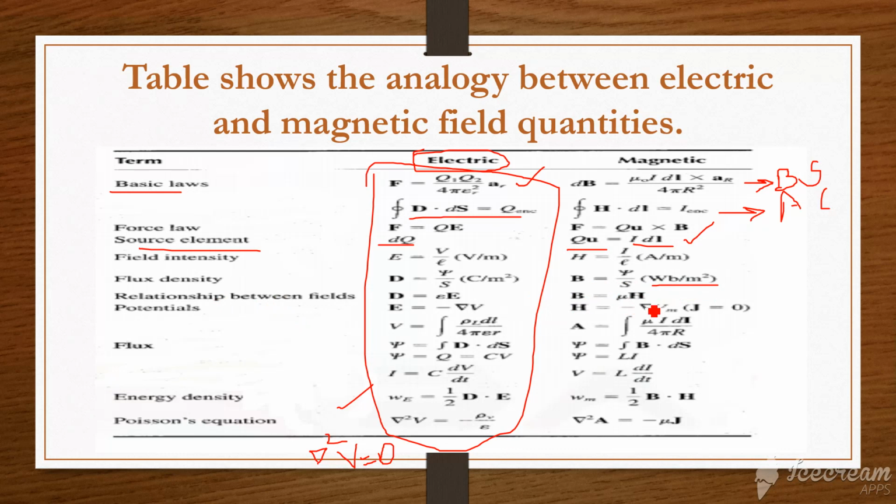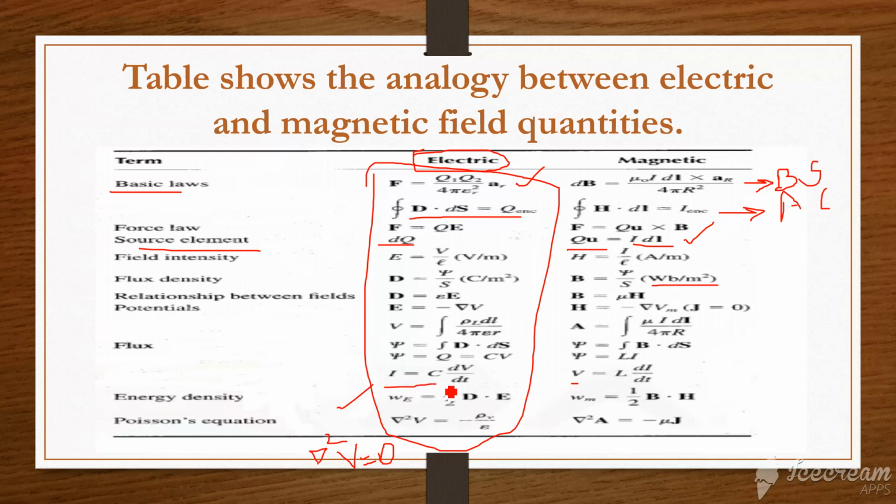Already we know the relation B is equal to mu H. From the magnetic potential Vm we can find the magnetic field intensity H when J is equal to 0, and the magnetic vector potential is defined by A is equal to the integral of mu I dL divided by 4 pi r. Then psi is defined by the integral of B dot dS, and flux can be written in terms of inductance as L i, and the voltage across the inductance is V is equal to L into di by dt.